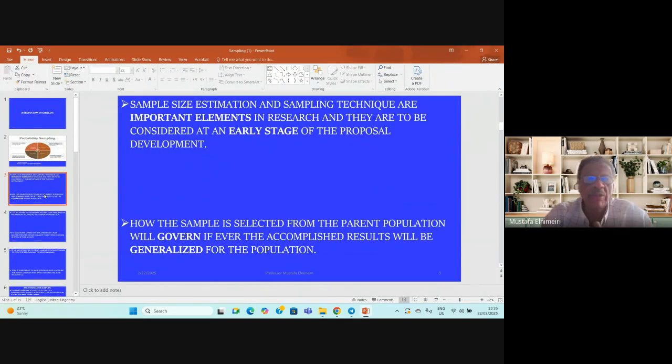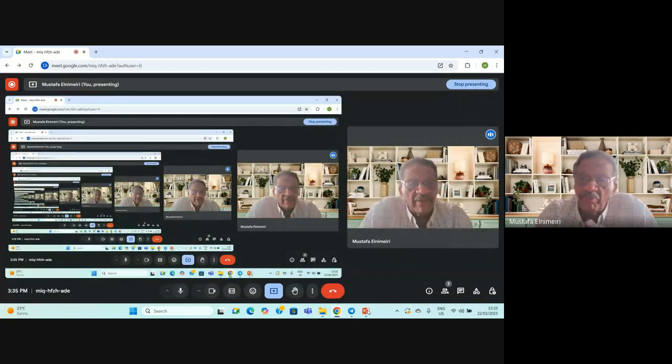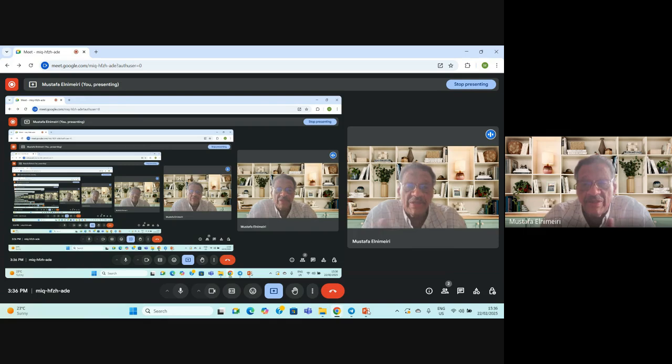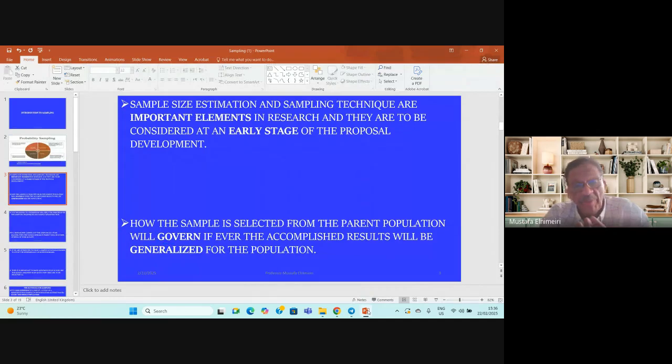Now we talk about the sample size. The estimation and sampling technique are important elements in research, and they are to be considered at an early stage of the proposal development. As you are writing the proposal, one of the most important elements in the methods is to write about how we are going to estimate the sample size and how you plan to draw a representative sample for the parent population.